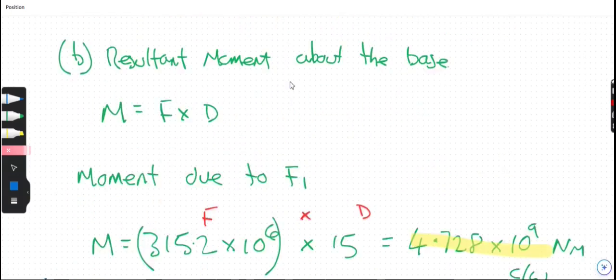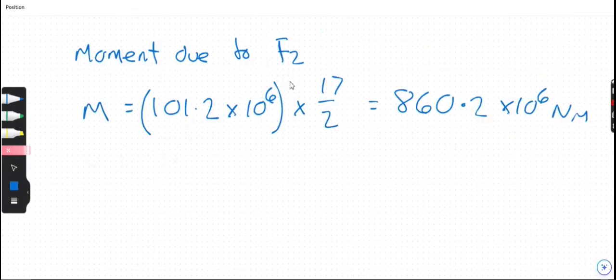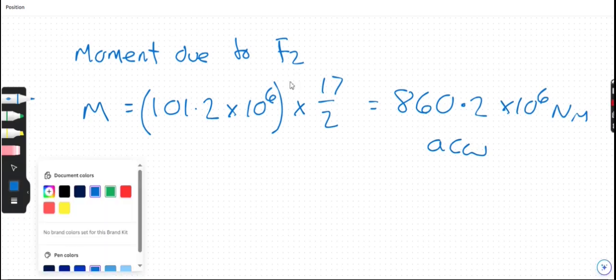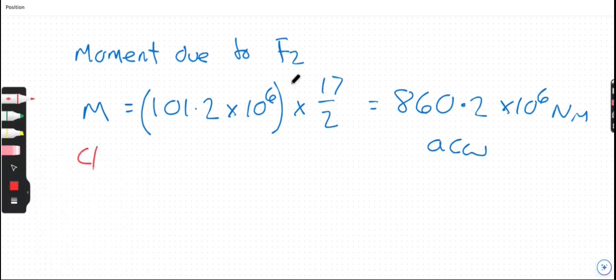I'm going to call that ACW, which stands for anti-clockwise. So one's trying to spin it one way, one's trying to spin it the other way. I call clockwise moments positive and anti-clockwise negative.